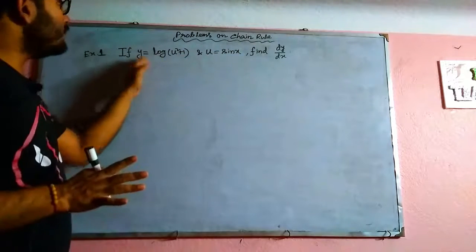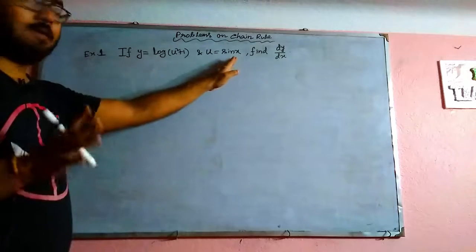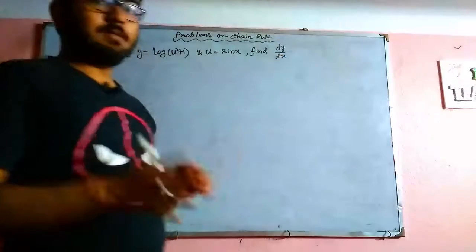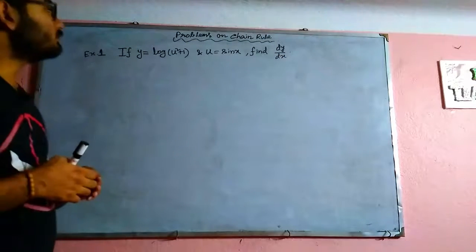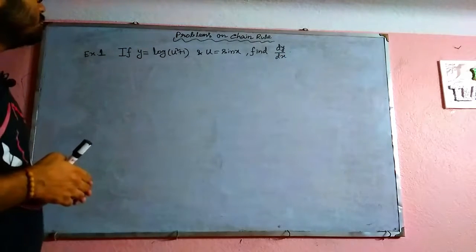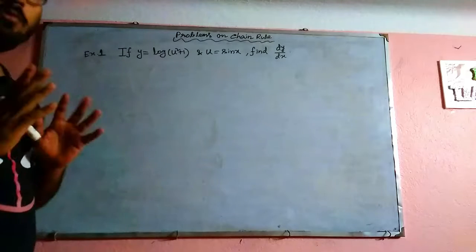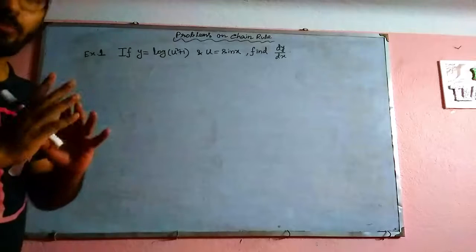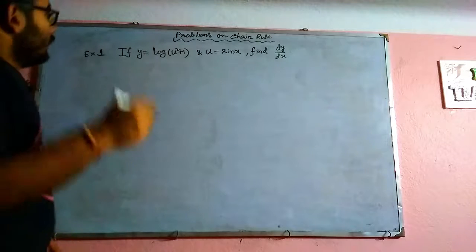So ultimately y is a function of x, and that is why this dy/dx is valid. So we have to use rule number 1 of the chain rule.